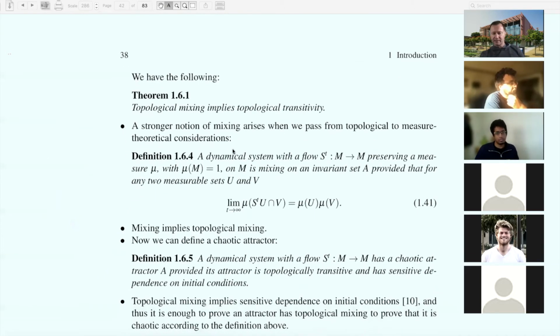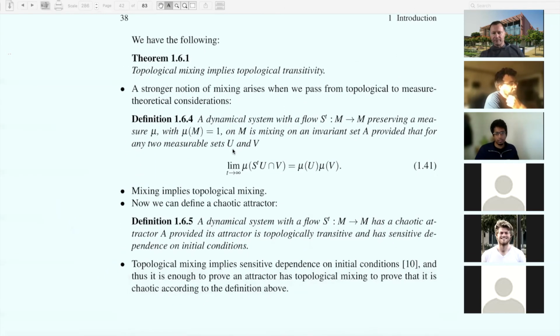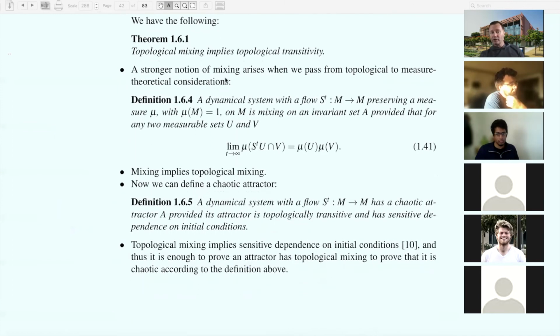I just explained this. There is even a stronger notion of mixing. If you think about measures at this point, think about measuring sets on a circle with their arc length, or measuring areas in a plane. A measure is a mathematical object that assigns a positive number or zero to a set.